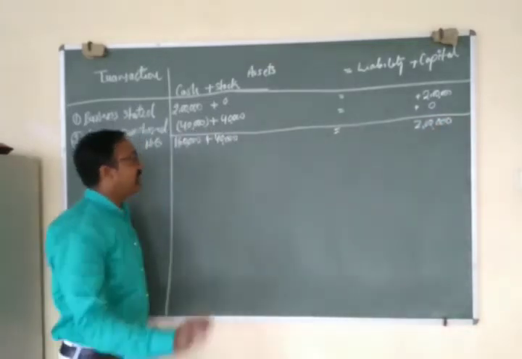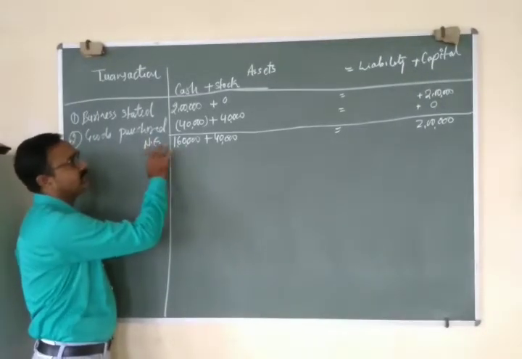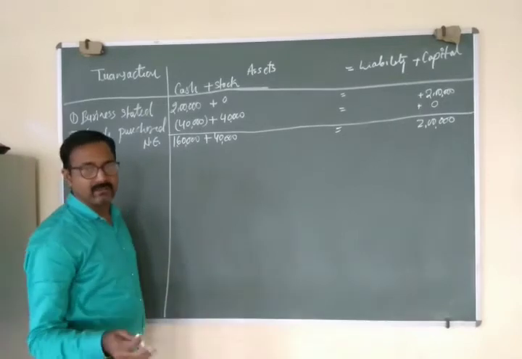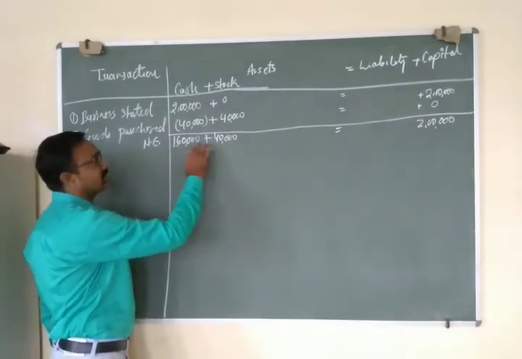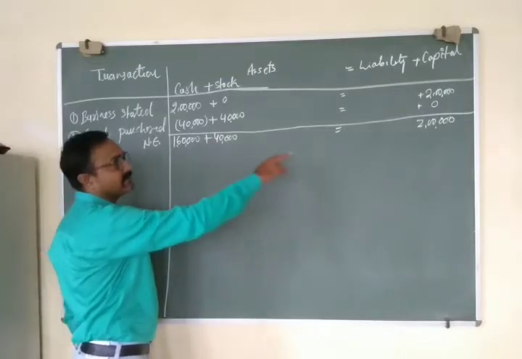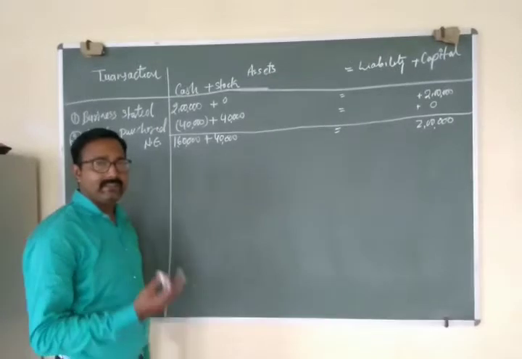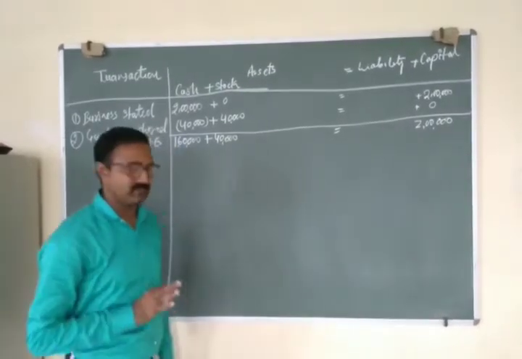Why do we write the equation? According to this, we check whether our assets are equal to liabilities plus capital or not. So here we can cross check our cash and stock. The sum of these is 2 lakh, which is equal to the total of capital. Because we verify each and everything, the effect of transactions, on the basis of equations only.